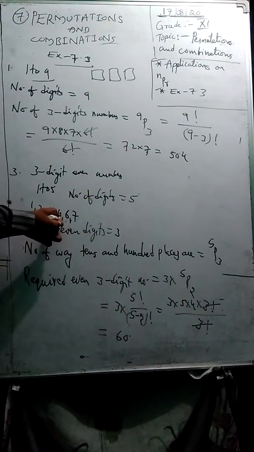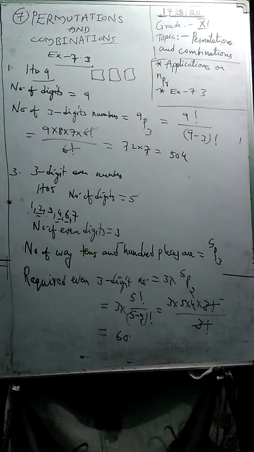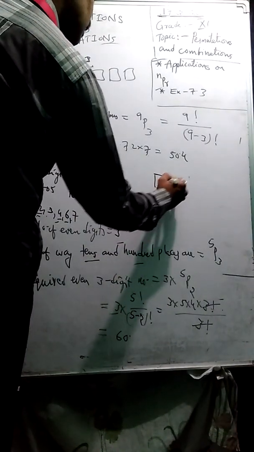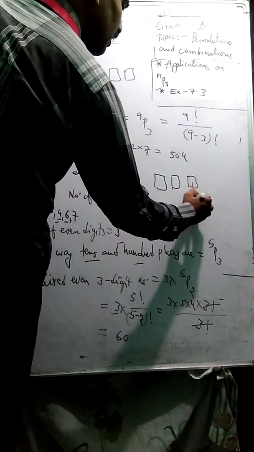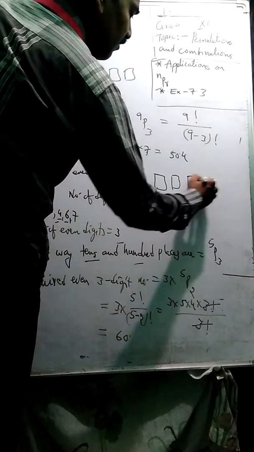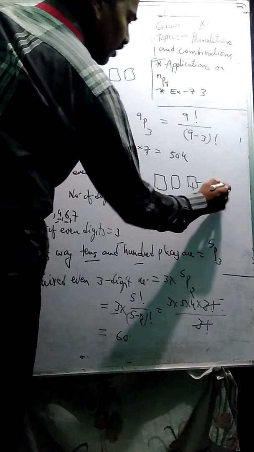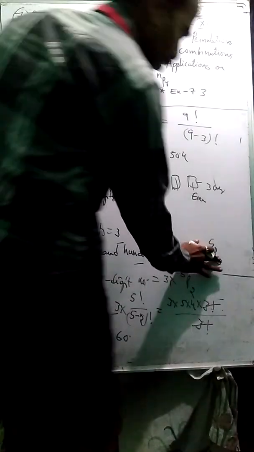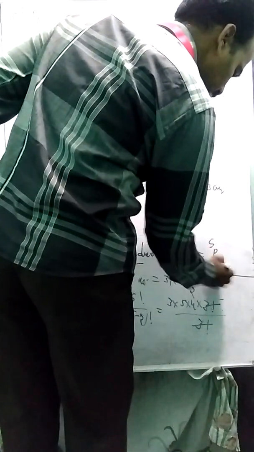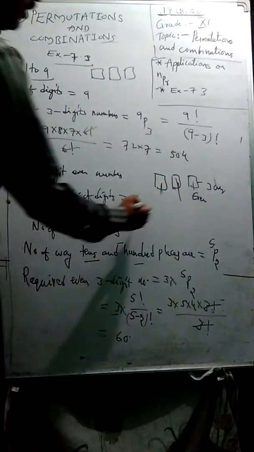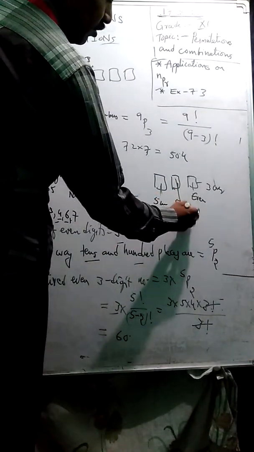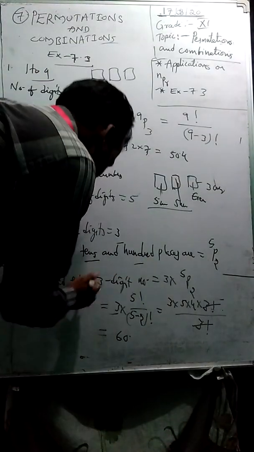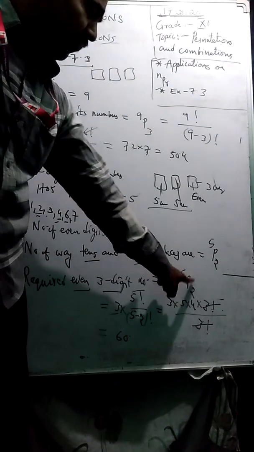In that, the even digits are 2 and 4, so the units place can be filled in 2 ways, because the 3-digit number must always be even. For the rest of the 2 places, tens and hundreds, we can take any of the remaining digits, so the possibility is 5P2, because only 2 digits are to be filled. So the required 3-digit even numbers equal 2 into 5P2.